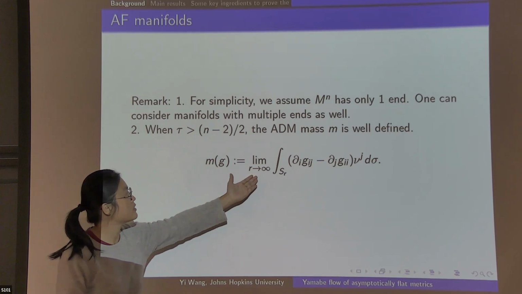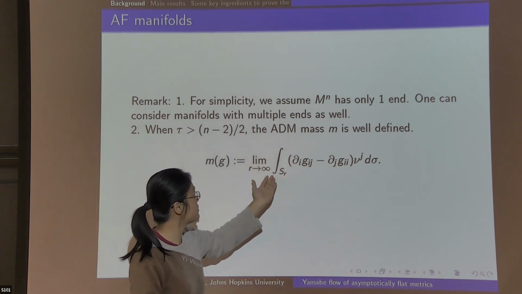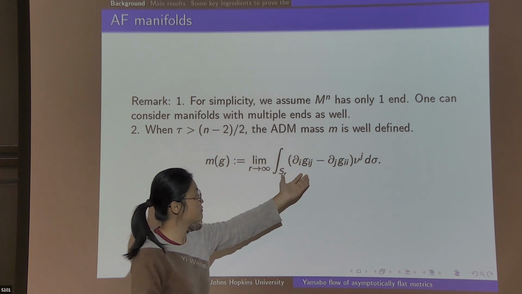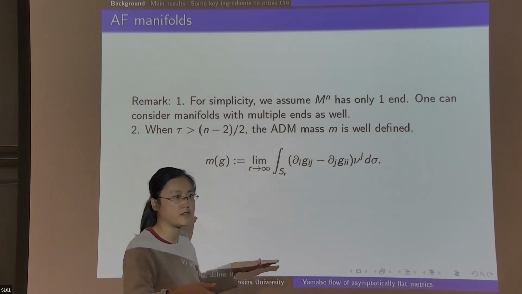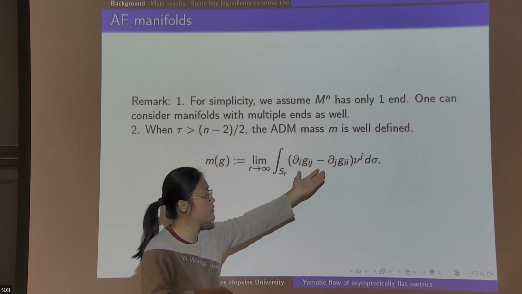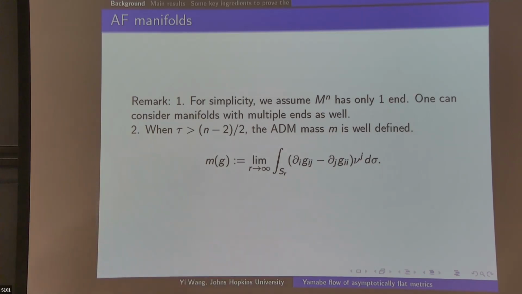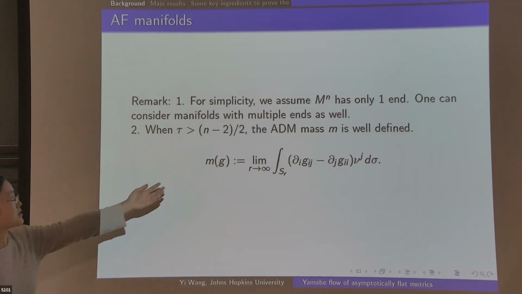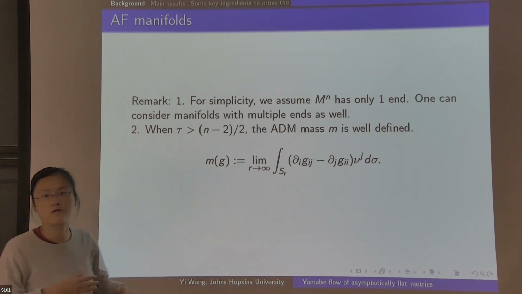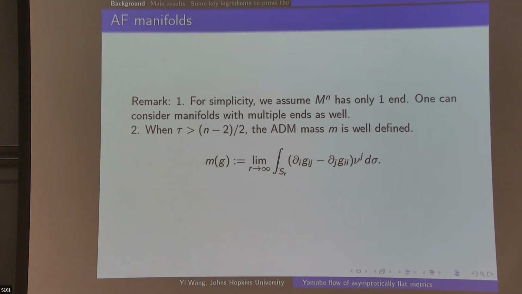It's the limit of these integrals, but this integral depends on the choice of coordinates at infinity. It turns out, and I think this is the work of Bartnik, that it only depends on the metric itself. It's independent of the choice of coordinates. No matter how you make your clever choice, take the integration and take the limit, it finally gives you the same limit number. So it's something intrinsic in the geometry.